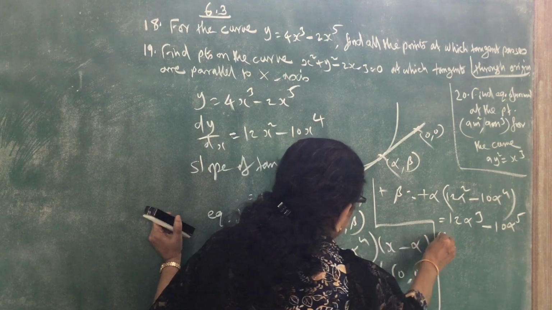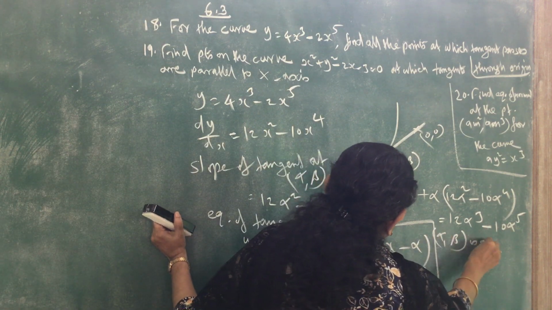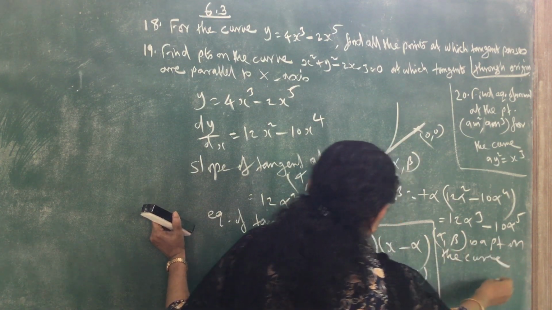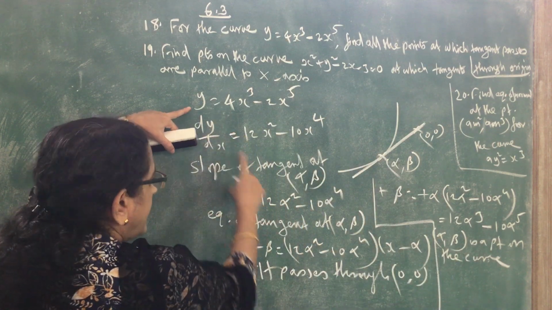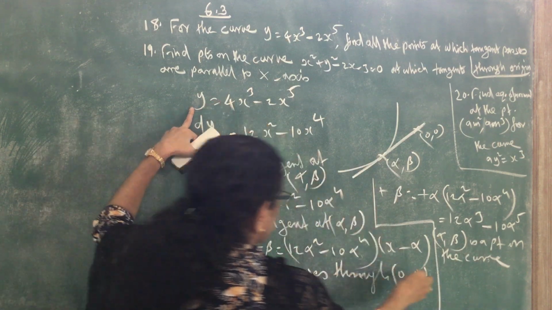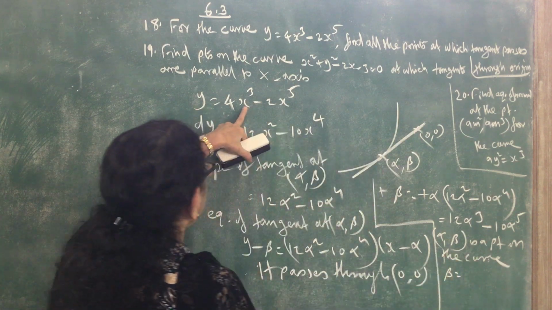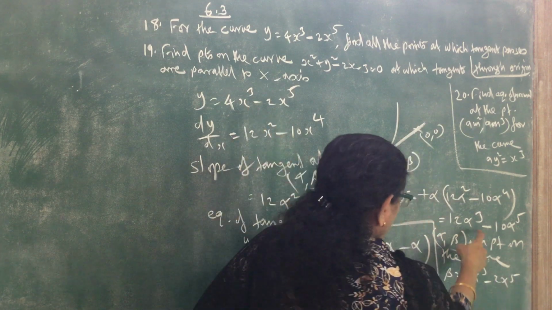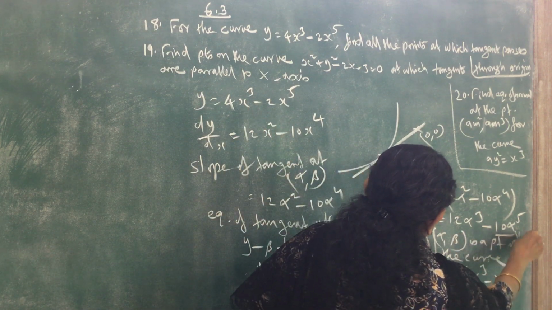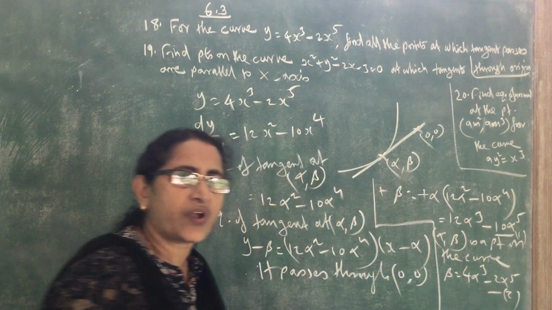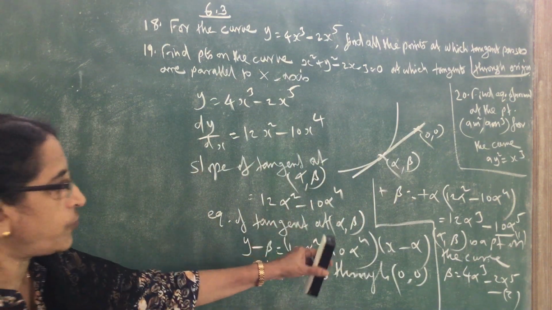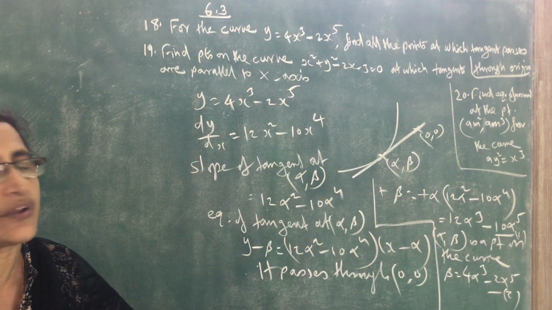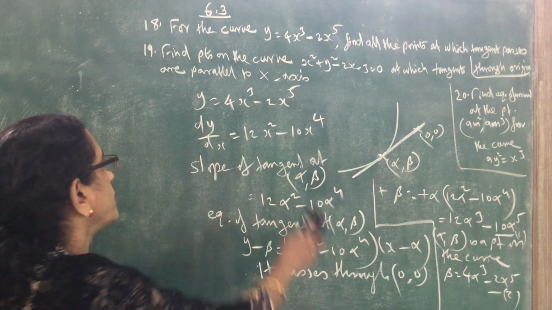Alpha beta is a point on the curve, therefore substituting, y equal to beta and x equal to alpha, we get beta equal to 4 alpha cube minus 2 alpha raised to 5. So we got two equations, this is 1, this is 2, involving alpha and beta. Solving that we can find alpha and beta.